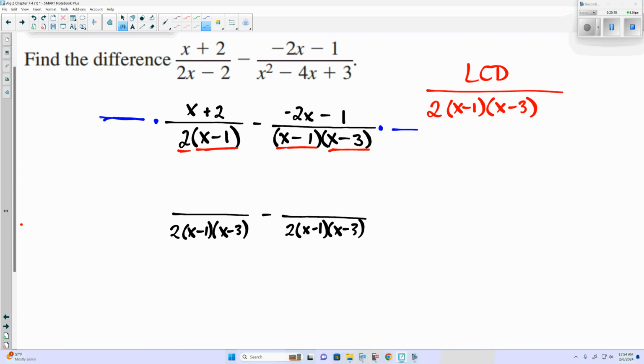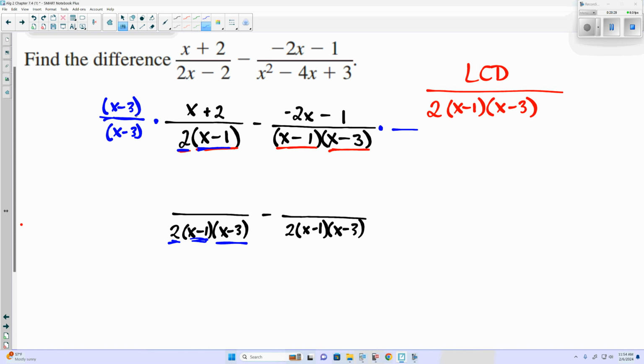Let's start on the one on the left. Least common denominator, getting down here. It has the 2. It has the x minus 1, but what's it missing? So we have to multiply top and bottom by x minus 3.